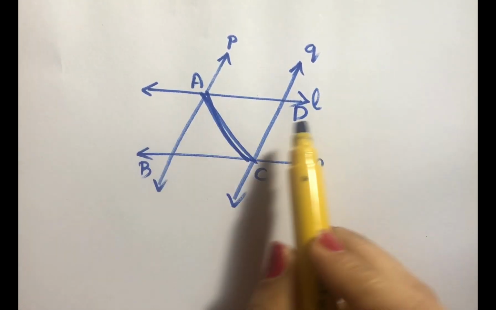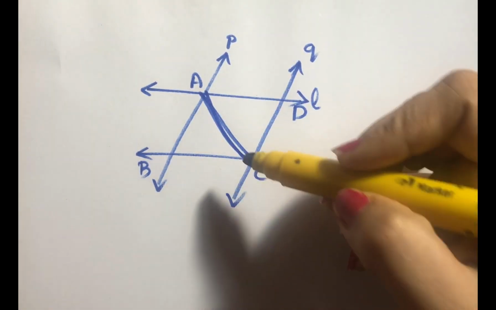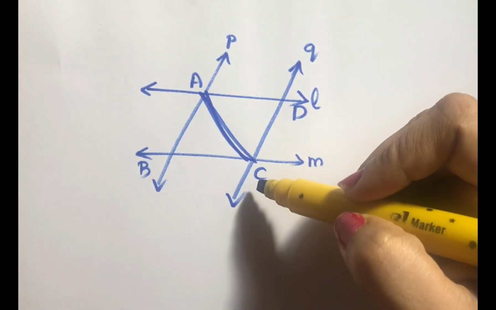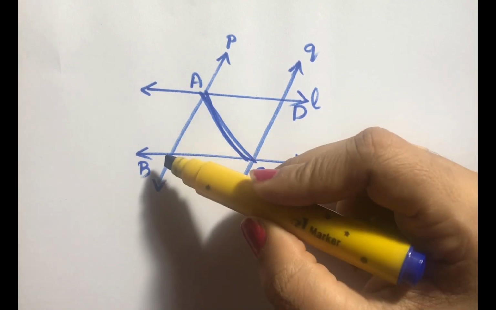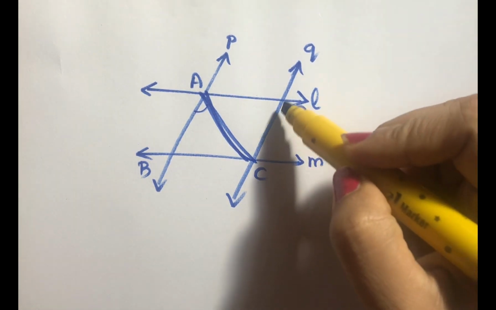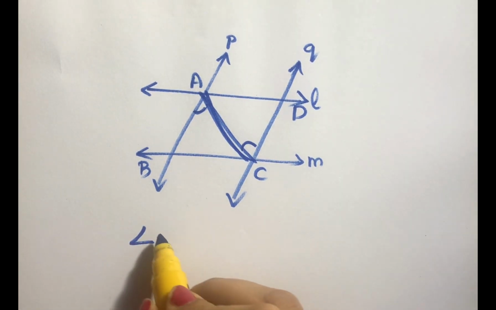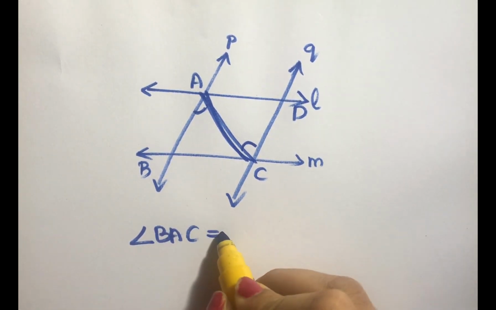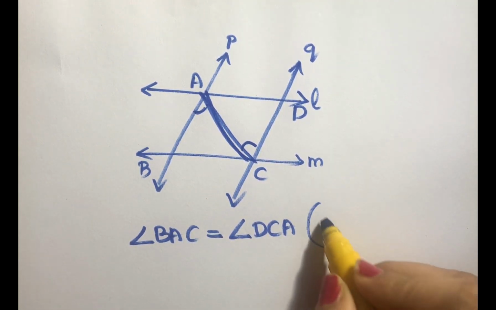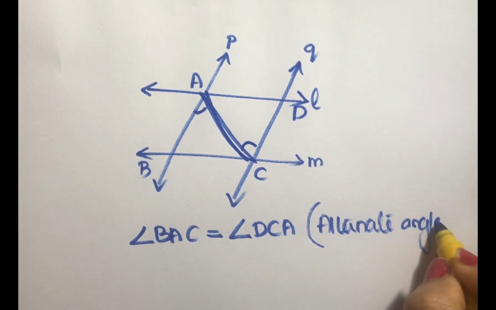So here this is our figure, and we know P is parallel to Q and AC is a transversal. Therefore, angle BAC and angle DCA, these two angles will be equal, that is alternate angles.